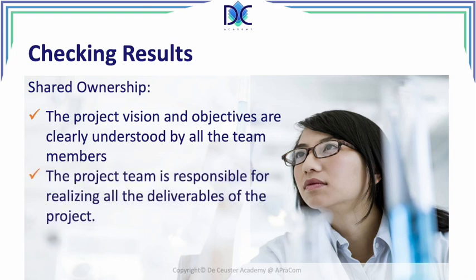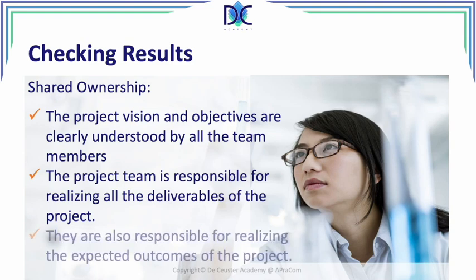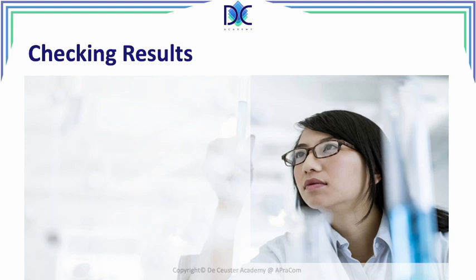We also have to look at the element that these team members are responsible for realizing the deliverables of the project. So when they're providing the deliverables, we also know that there is a shared ownership of the team. And they're also responsible for realizing the expected outcomes of the project. Outcomes is not only about doing things, but also creating the value that we want to create once we defined the project.